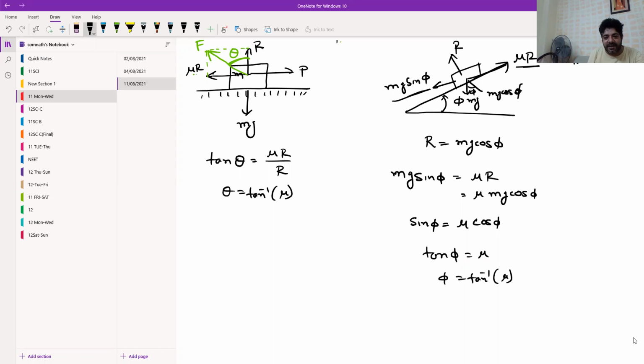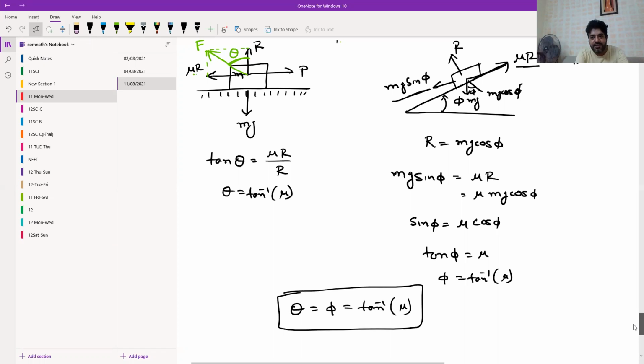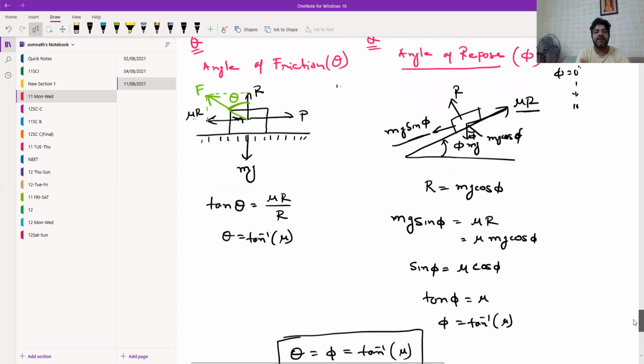So now it is very clear that theta equals phi equals tan inverse μ. So I can say one thing, my angle of friction and angle of repose are equal.